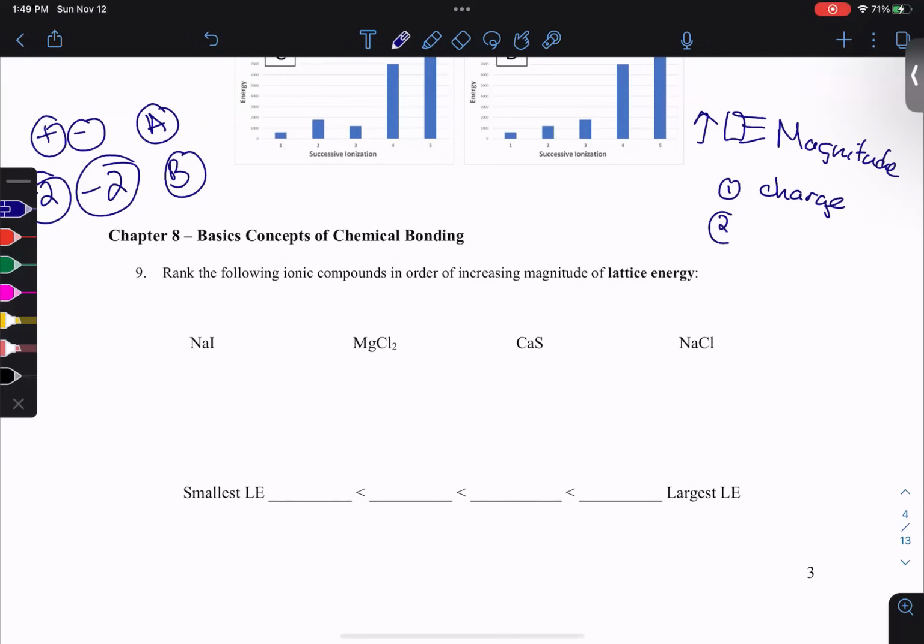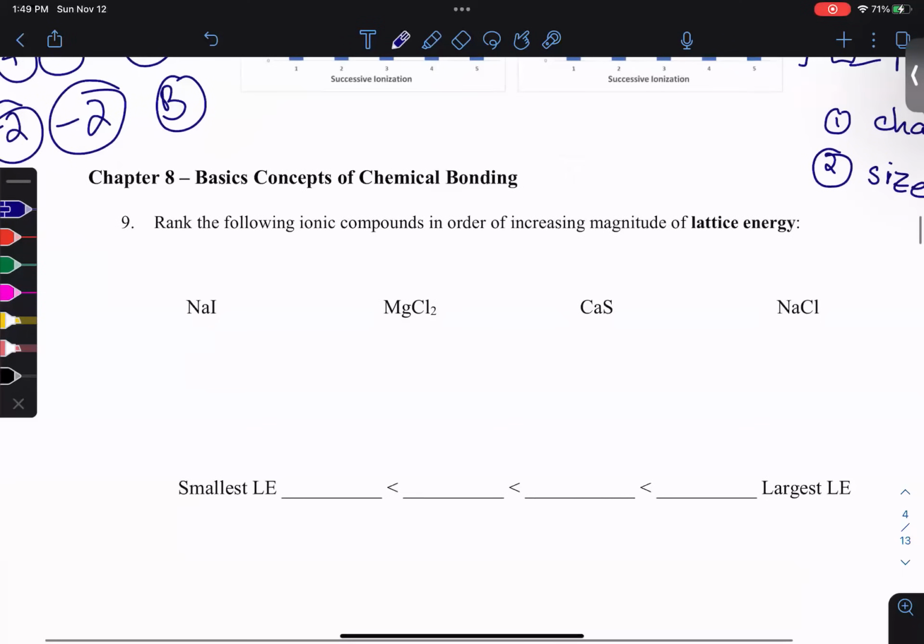When charges match, you then want to look at the size. So let's first order everything in terms of their charges to get the general order of the lattice energy of these compounds. We look at the charges of the ions present. We have a +1, -1. So this is kind of chapter 2 stuff.